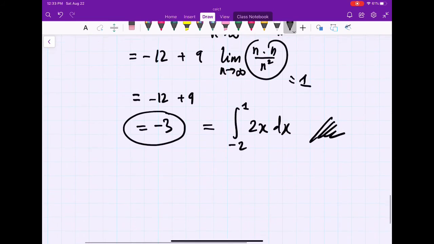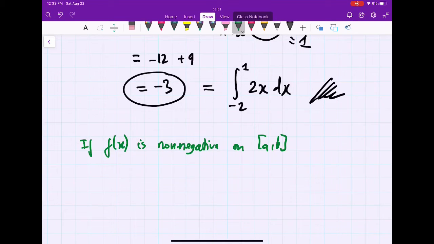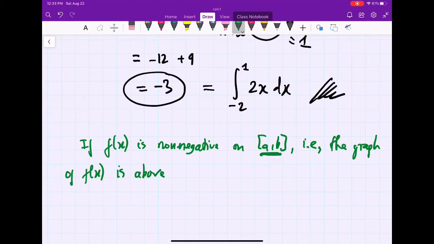And of course, if the function is non-negative, right? Non-negative means the graph of the function on this interval is above the x-axis. Let's write it down. That means the graph of f of x is above the x-axis.